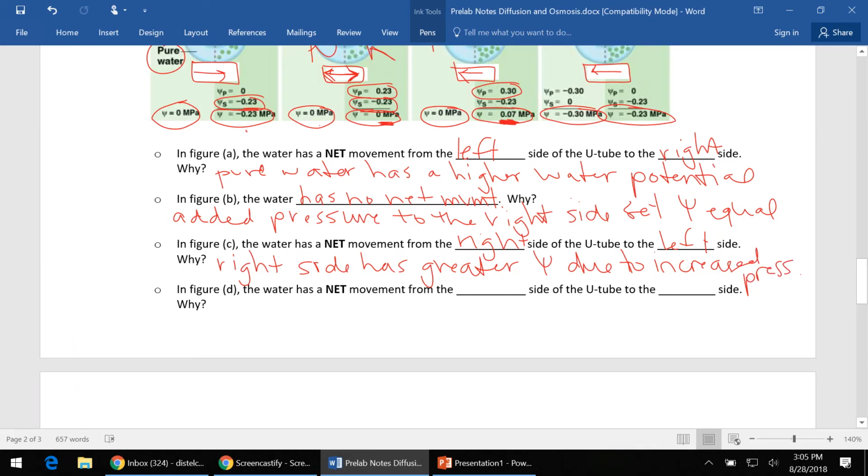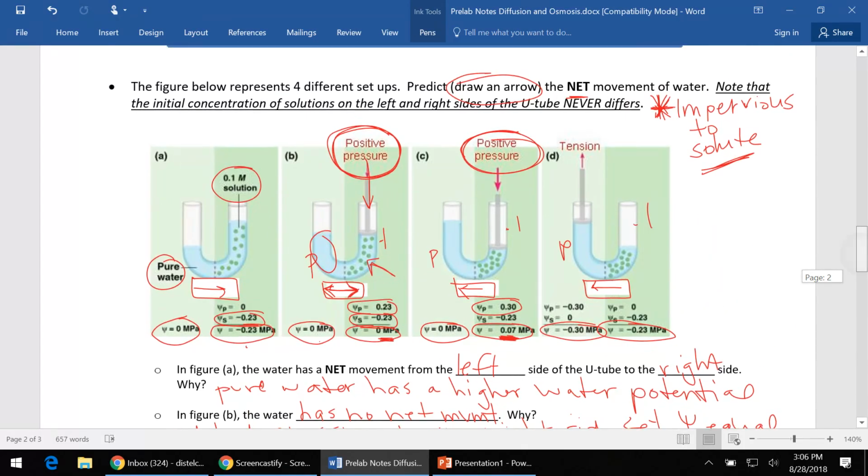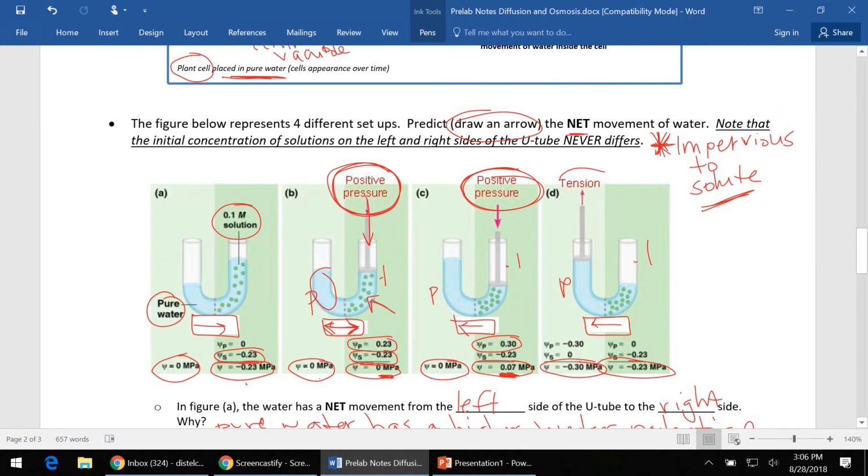Okay. And then last one, figure D. This one's a little bit different. Tension is also considered negative pressure. So you can see on this side, they're actually pulling up. So they're relieving pressure on this side.